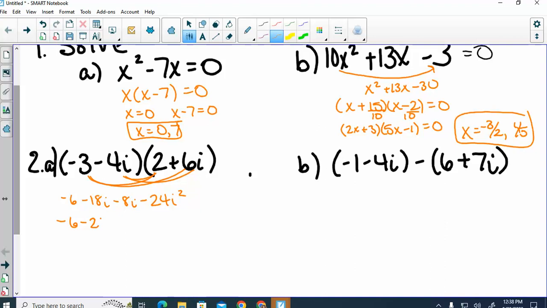So 26i. Negative 24i squared would turn into positive 24, and then we add like terms. Remember, if it has an i, I expect a plus bi form for the final answer. So we get 18 minus 26i.